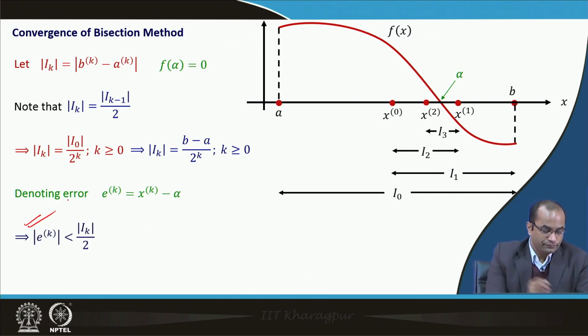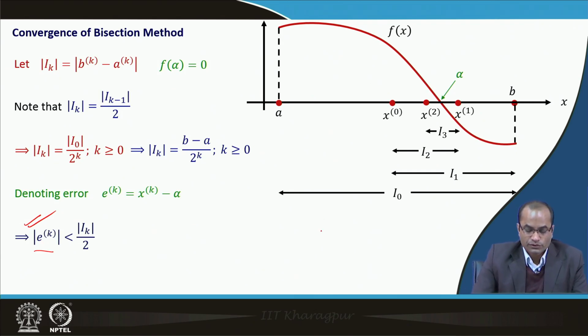What we also know is that this error will be less than I_k by 2. Why so? For instance, consider I naught. So, E naught, the error at the beginning. What is E naught? E naught is just x naught minus alpha. So, x naught is somewhere there, and alpha is somewhere in this interval.